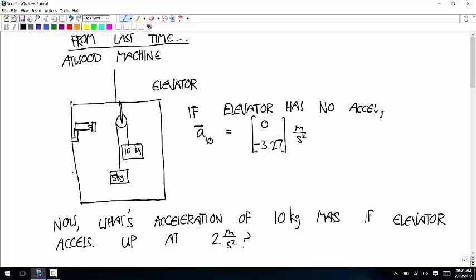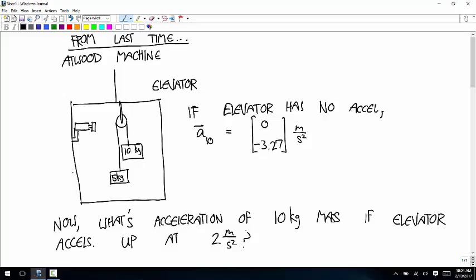The problem is, the reason that doesn't happen is that if you think of this camera as a coordinate system, before the elevator accelerates, it's a perfectly good Newtonian inertial coordinate system, right? Because the origin isn't accelerating. Once this elevator starts accelerating, the calculations change because this is not an inertial coordinate system.